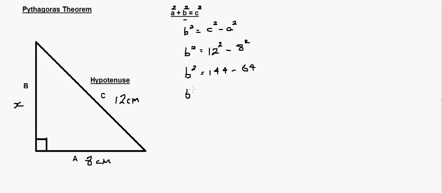So B squared will equal, now 144 minus 64 will be 80. So we want to know B. So that's going to be the square root of 80. Okay. So if I just tap that into my calculator, square root of 80 is 8.94. So we will get 8.94 centimeters. That will be to 2 decimal places.